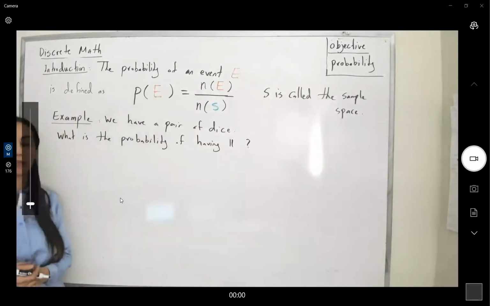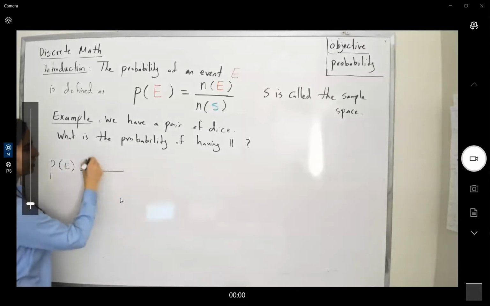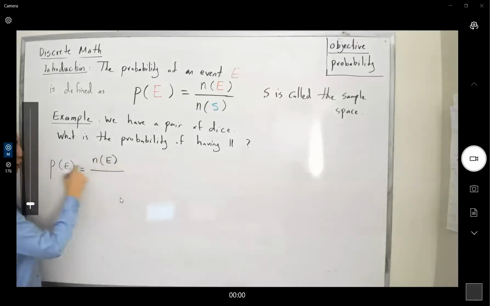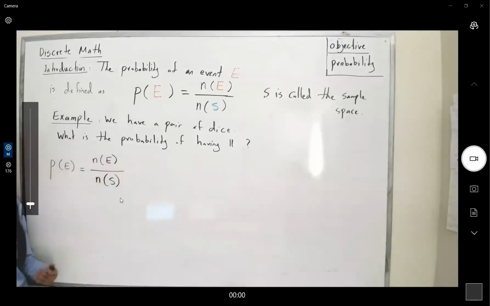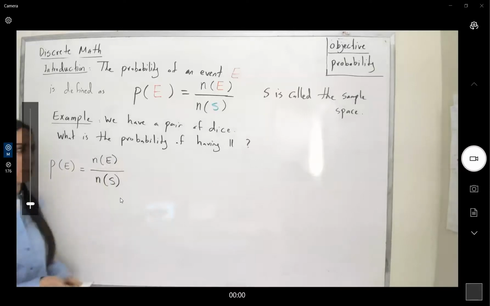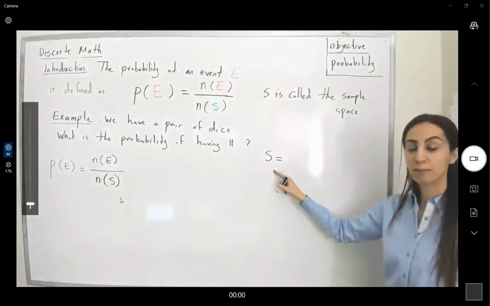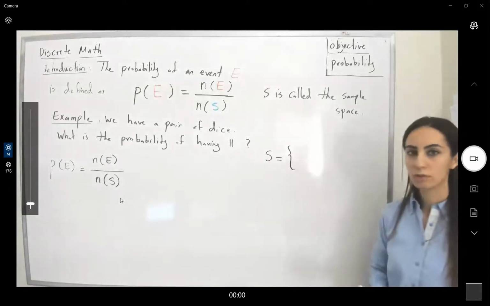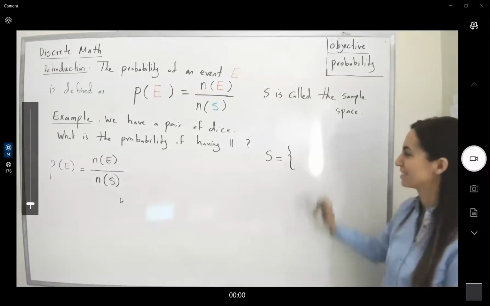So we have a pair of dice. Well, the probability of this event is equal to cardinality of the set of that event divided by the cardinality of S. What is S? What is E? Well, we have a pair of dice, two of them. So S, or the sample space, is equal to, you have two of them. You have 36 different choices.